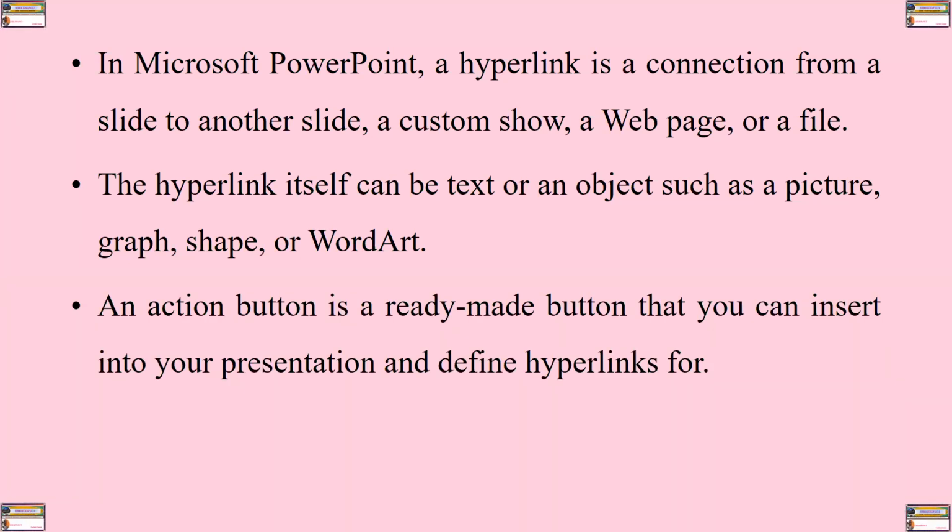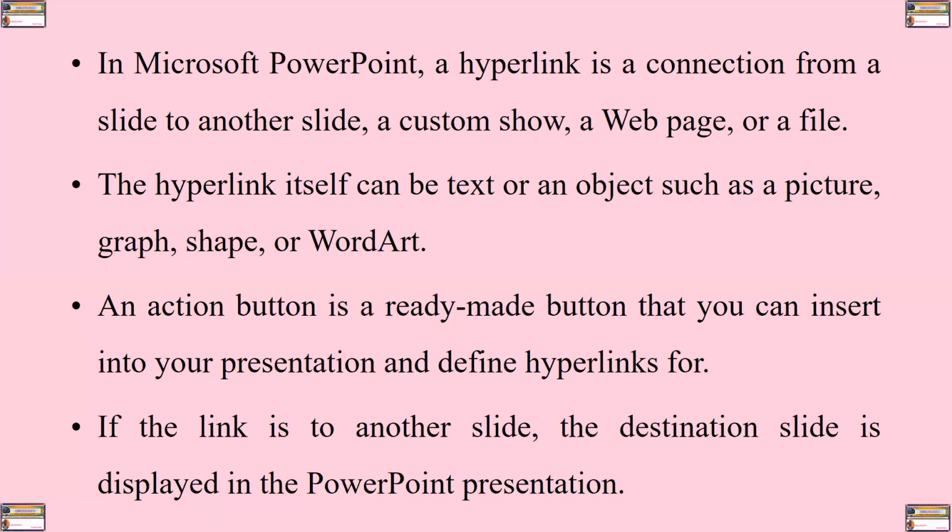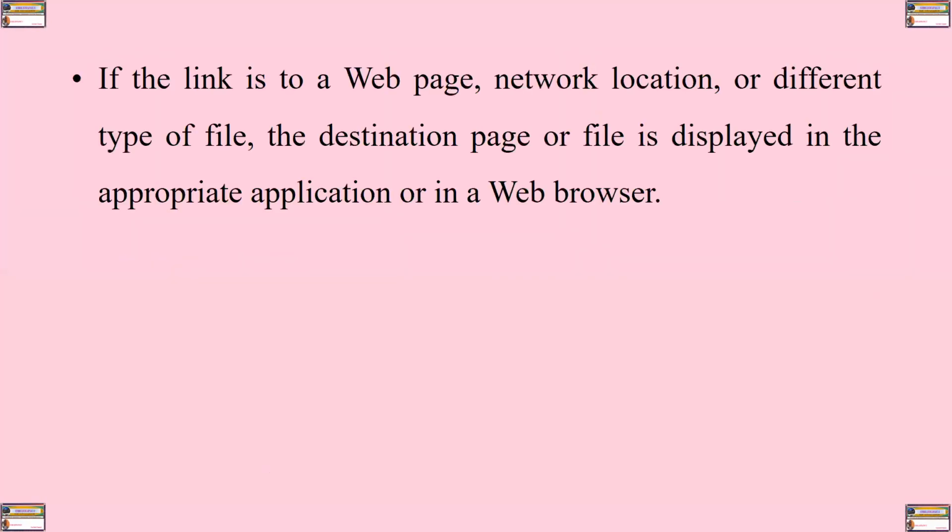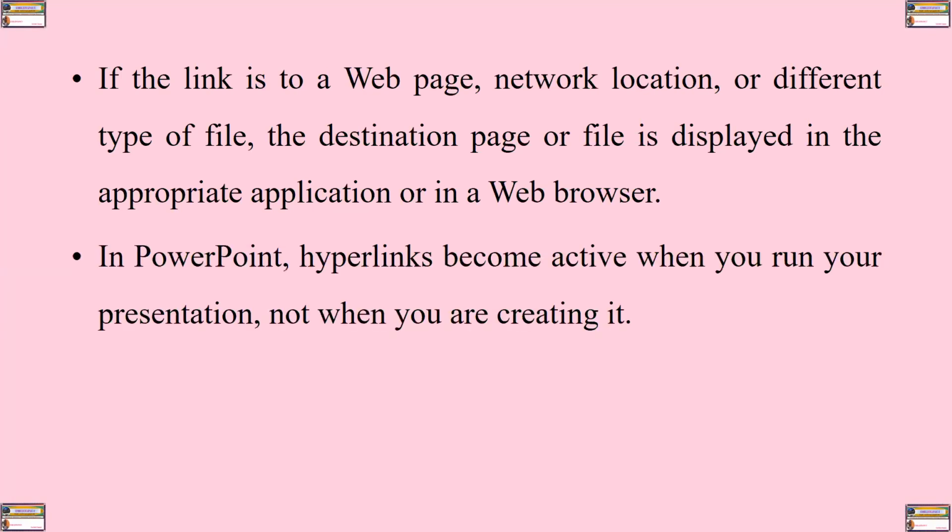An action button is a ready-made button that you can insert into a presentation and define hyperlinks for. If the link is to another slide, the destination slide is displayed in the PowerPoint presentation. If the link is to a web page, network location, or different type of file, the destination page or file is displayed in the appropriate application or in a web browser.